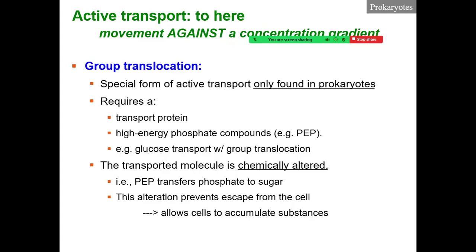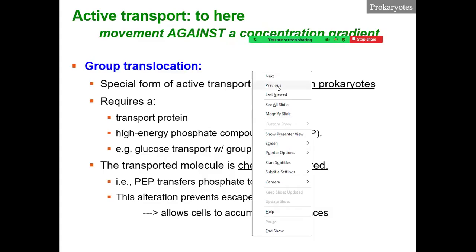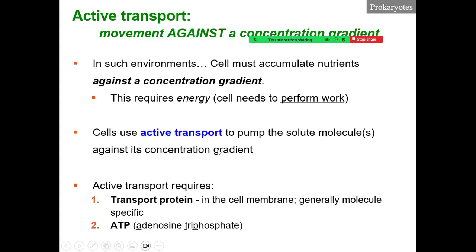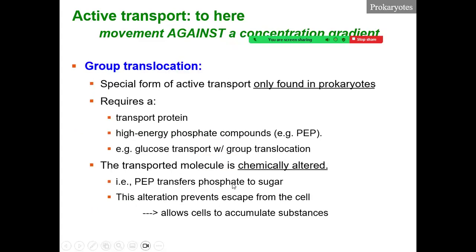All right. Prokaryotes can move molecules into the cell by active transport, and eukaryote cells can only bring molecules into the cell against the concentration gradient by active transport. However, prokaryotes have another way of moving molecules against their concentration gradient.